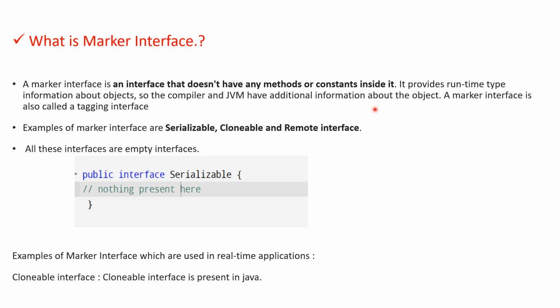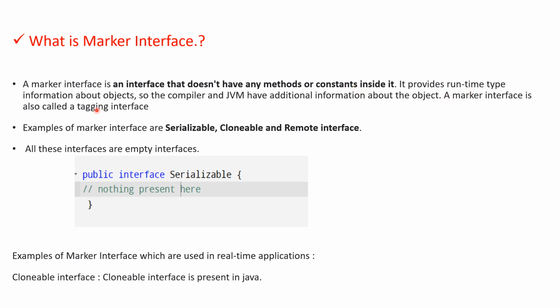In a normal interface, we will have methods, without their implementation, obviously. Here, a marker interface means we can say an empty interface. It does not have any methods or constants inside it.